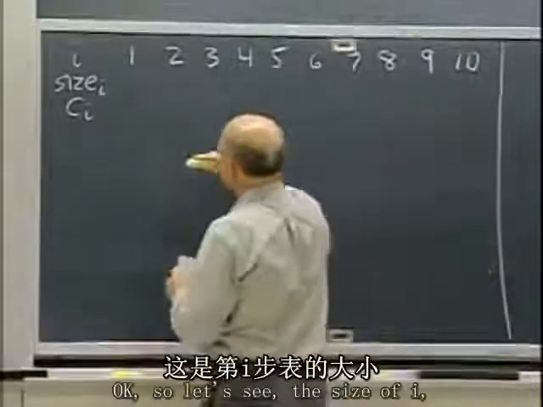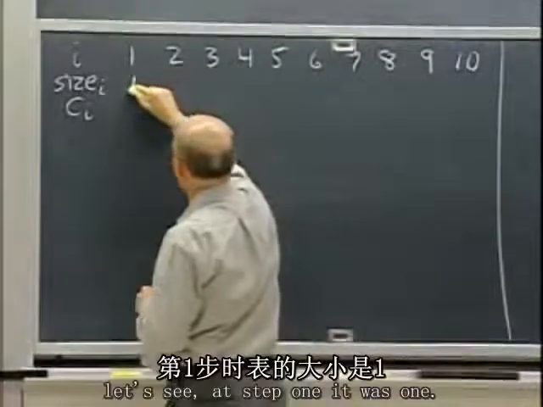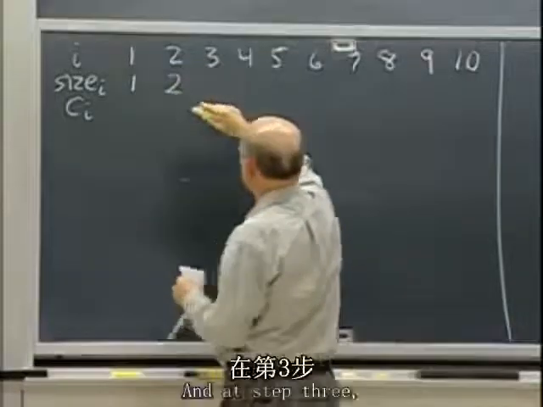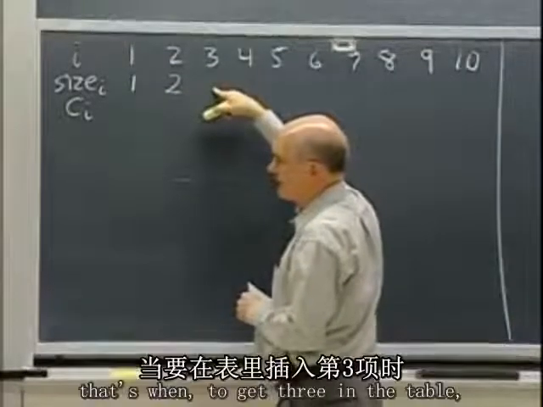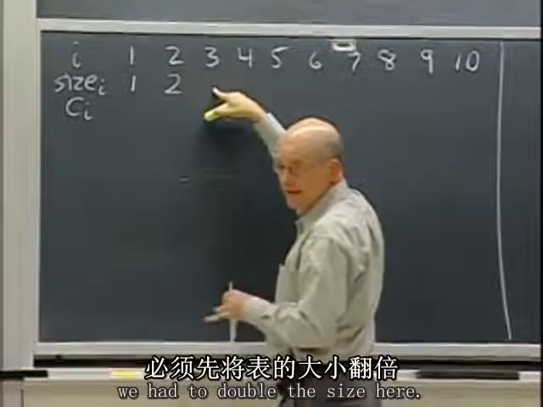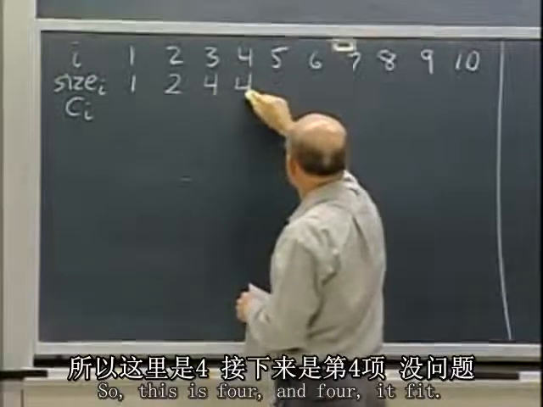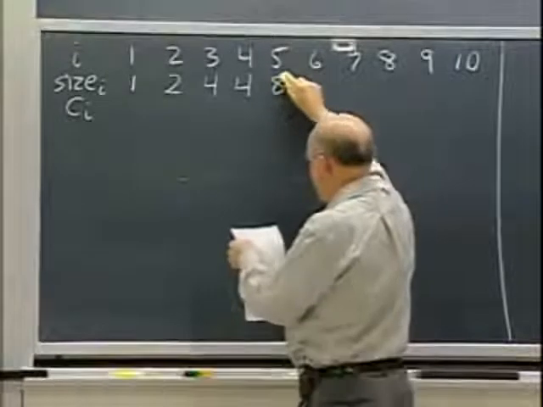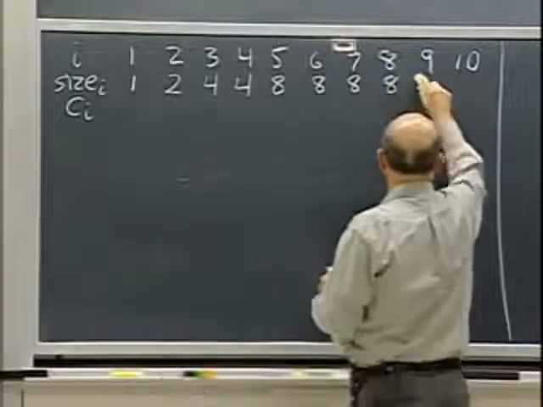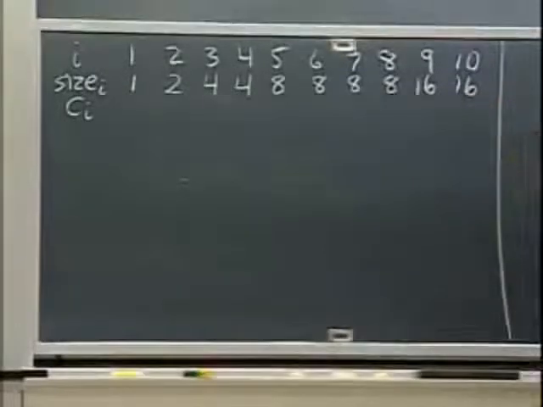Okay, so let's see, at step 1 the size was 1, at step 2 it was 2, and at step 3, to get 3 in the table, we had to double the size, so this is 4, and then 4 it fit, and then 5 it had to bump up to 8, and then 6 it was 8, 7 it was 8, 8 it was 8, and 9 it bumps up to 16, 16, etc. Okay, so that's the size.